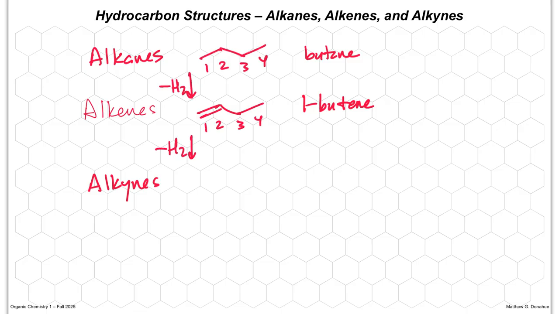So from that, I'm going to remove 2 more hydrogens from 1 and 2. Now that's going to be a triple bond, and that's called 1-butyne.